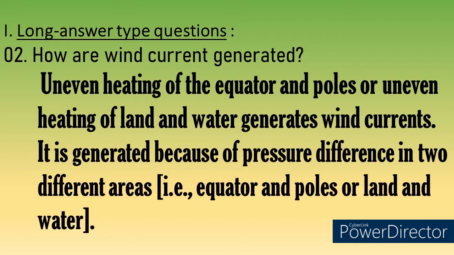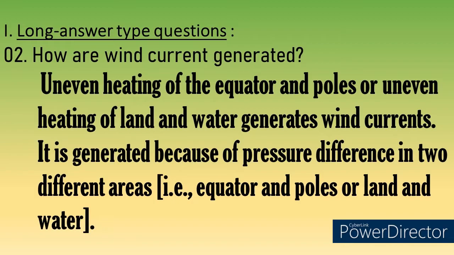So again I repeat, uneven heating of the equator and poles, or uneven heating of land and water, that is the terrestrial region and the aquatic region, generates wind currents. Why are we saying land and water? Because this uneven heating results in the formation of land breeze and sea breeze.